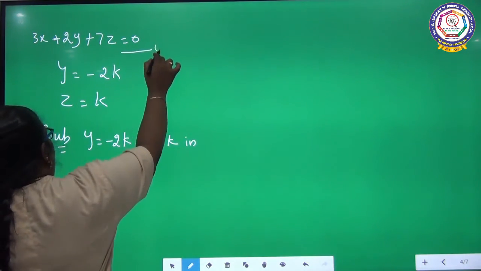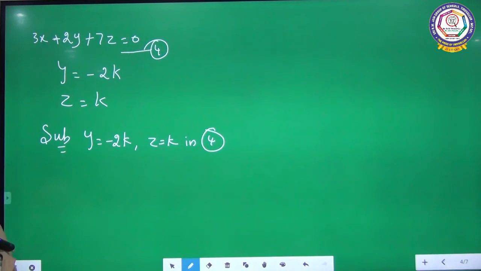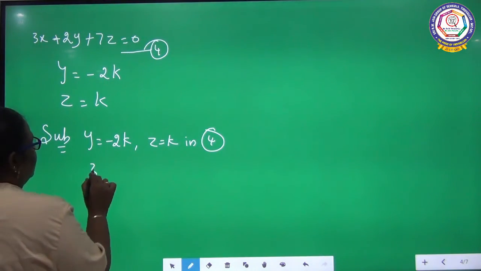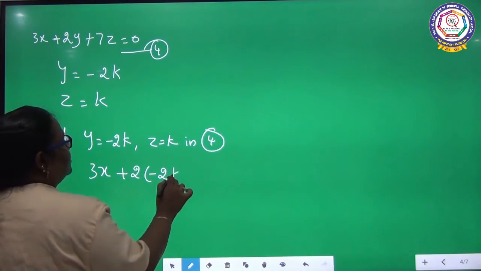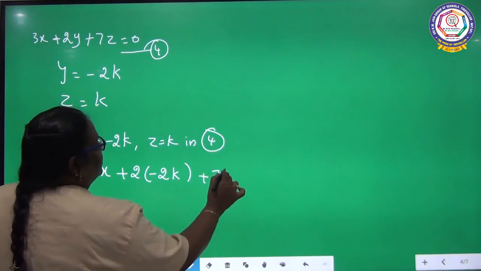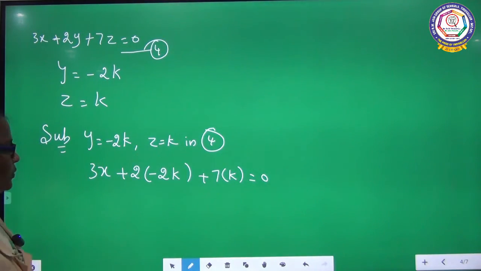Substitute these in the fourth equation: 3x plus 2 into minus 2k plus 7 into k equal to 0.